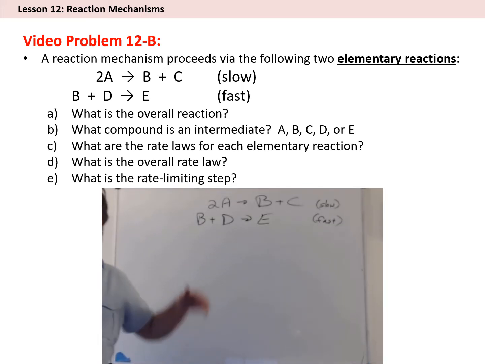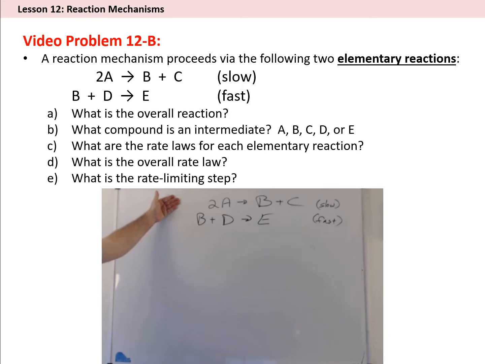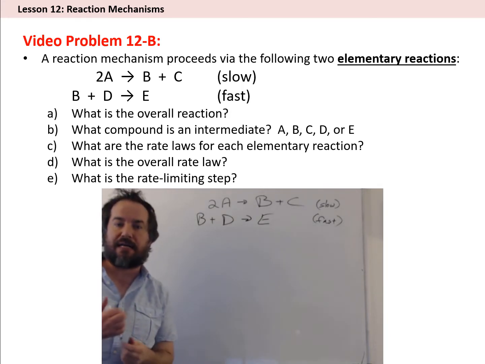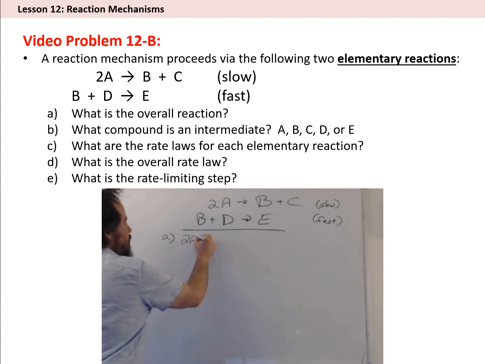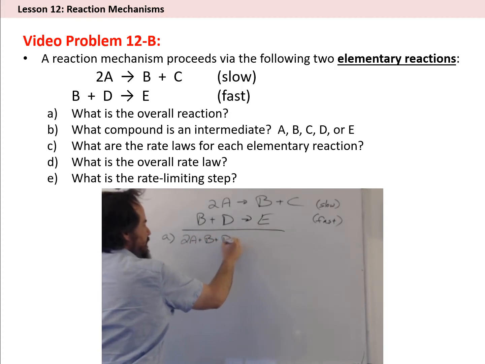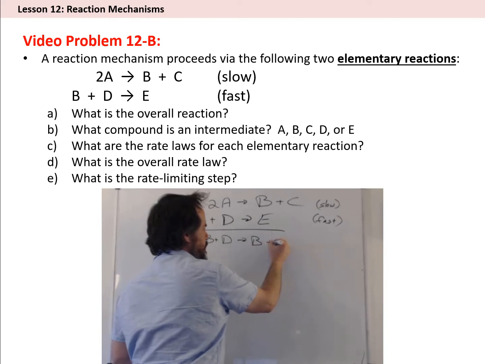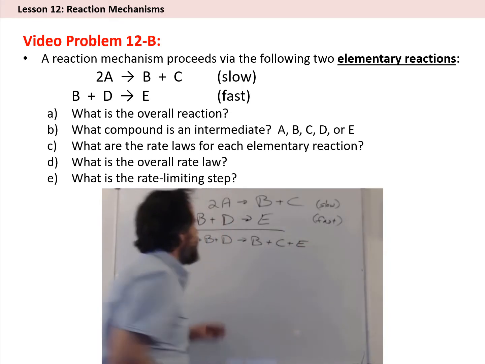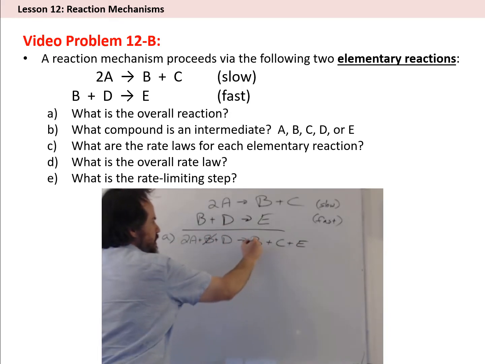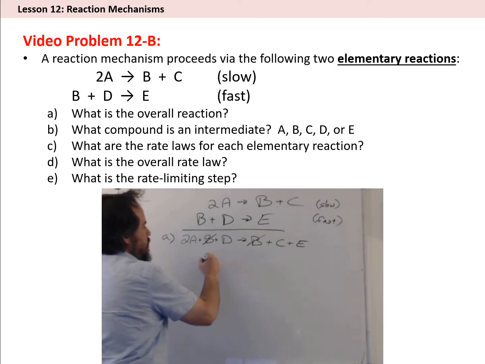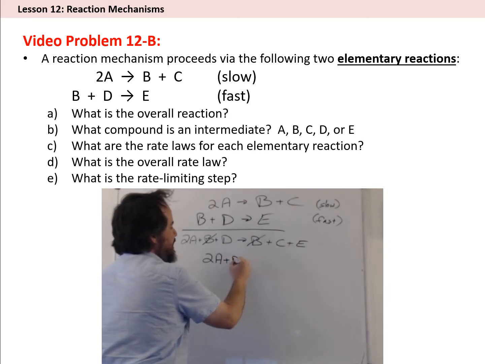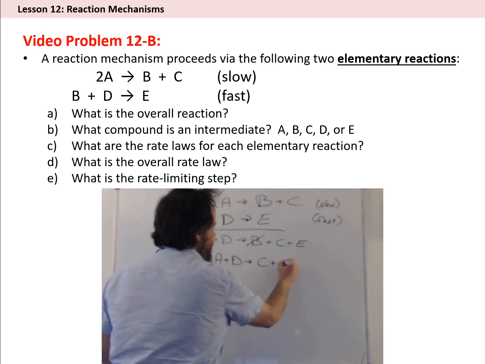So these two reactions come together, and that's a reaction mechanism. If I want to know the overall reaction, I just add these up. So I have 2A plus B plus D goes to form B plus C plus E. Notice the B I have as a reactant and as a product, so it goes away. That's 2A plus D goes to C plus E.